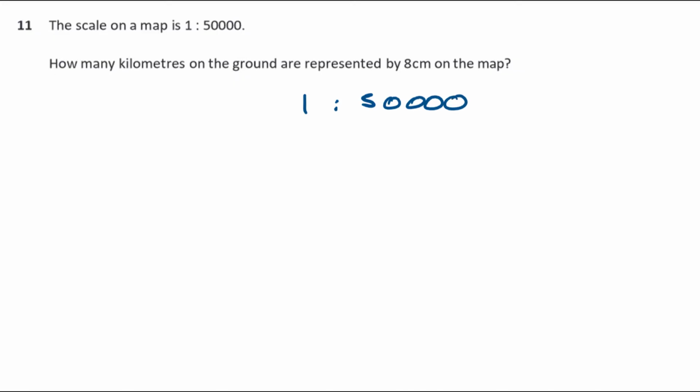1 to 50,000. Okay, now if you remember what I did is then I thought, well, I write the 8 here underneath the 1, and then I work out, well, what do I have to do with 1 to get 8? Well, I have to just times it by 8, don't I? Okay, now if I do the same thing to this side, what is 50,000 times 8?